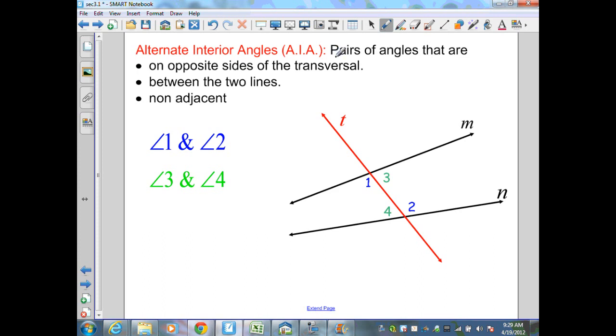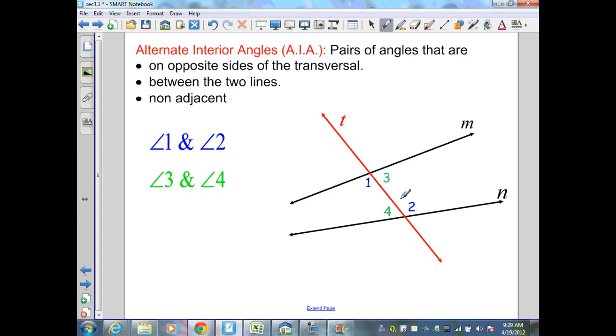These are pairs of angles that are on opposite sides of the transversal. Angles 1 and 4 are on the same side of my transversal. 3 and 2 are on the same side of the transversal, so 1 is opposite 3 and 2. Next, alternate interior angles are between the two intersected lines.